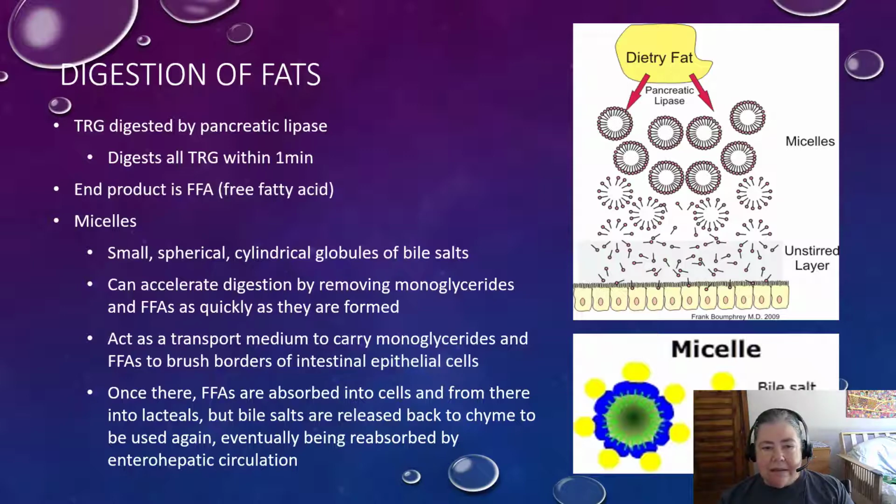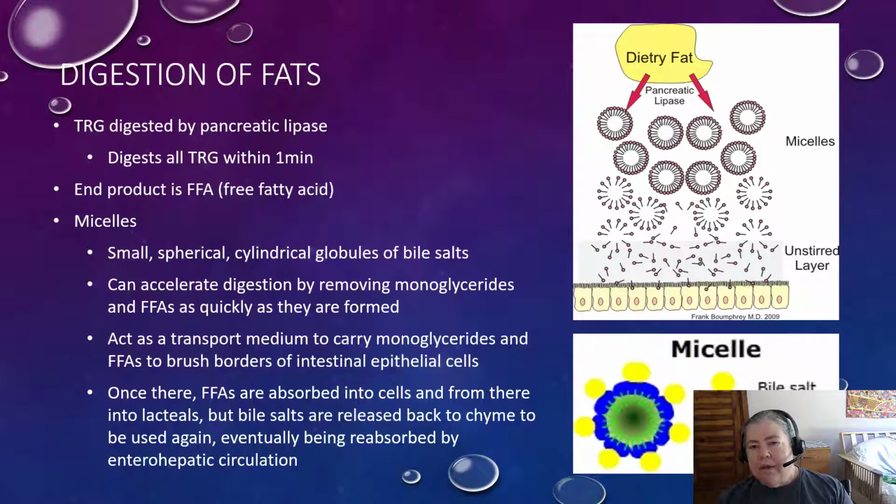But the bile salts are released back into the chyme, and some of those bile salts are reabsorbed and returned to the liver through something called enterohepatic circulation. So here we have a diagram of a micelle showing bile salts and then glycerol and fatty acids.